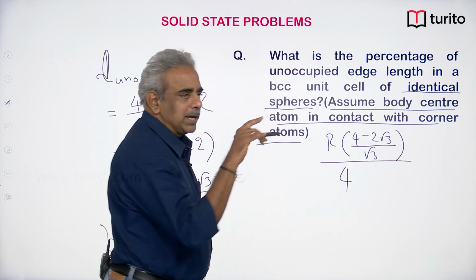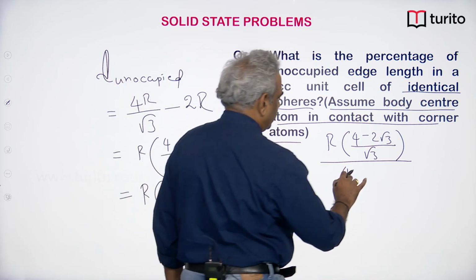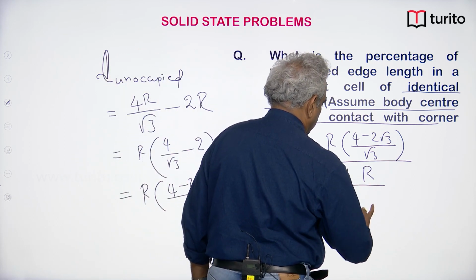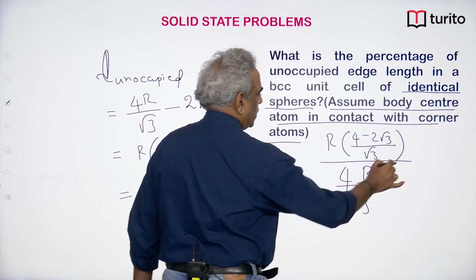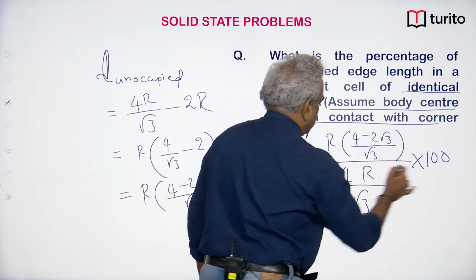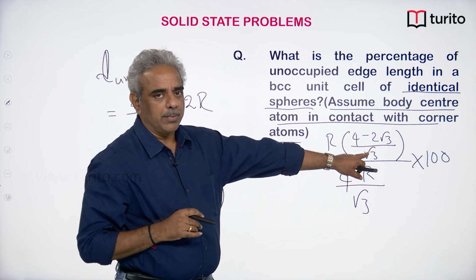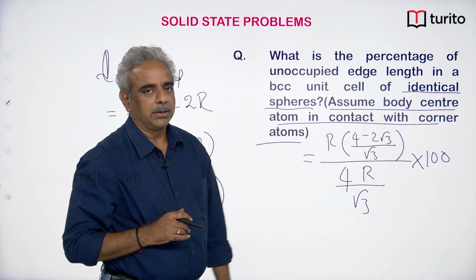we know root 3 a is equal to 4r. So, 4r by root 3 into 100. Try to understand, this is the unoccupied part, this is the occupied part.